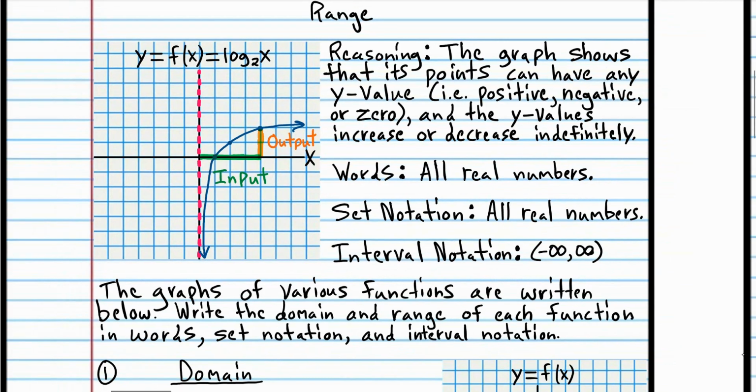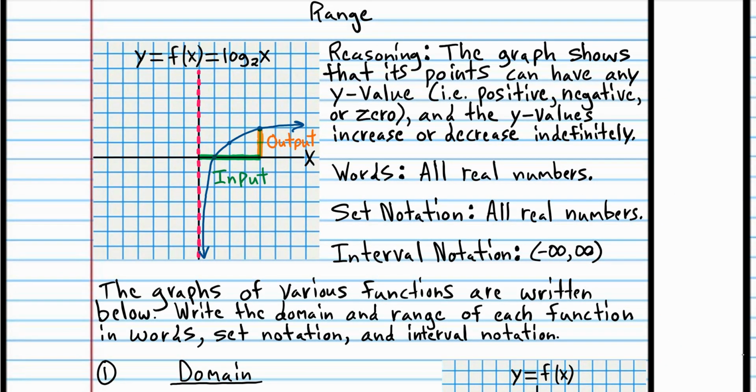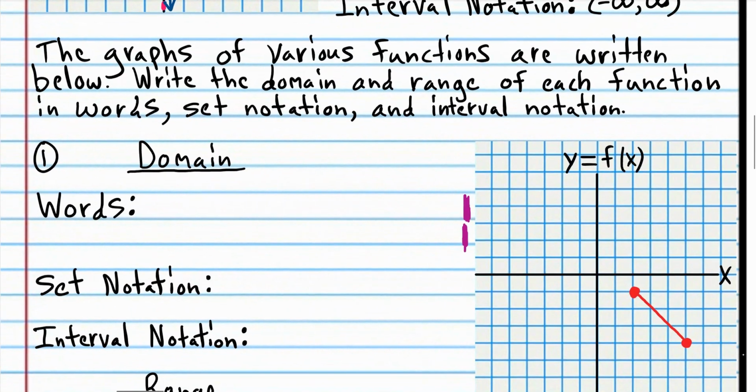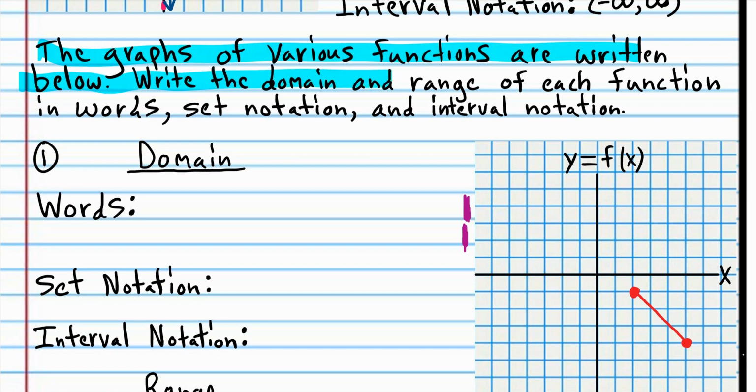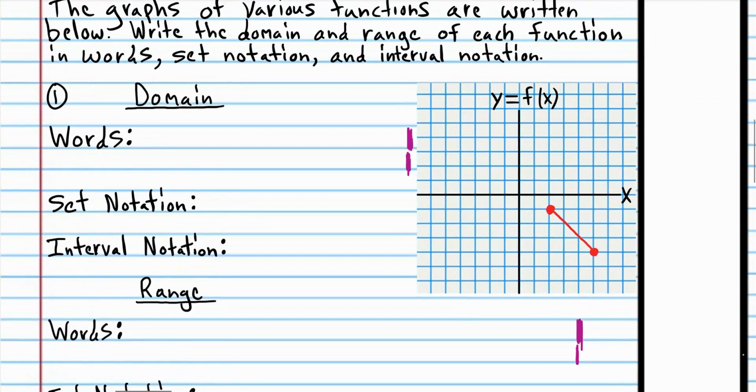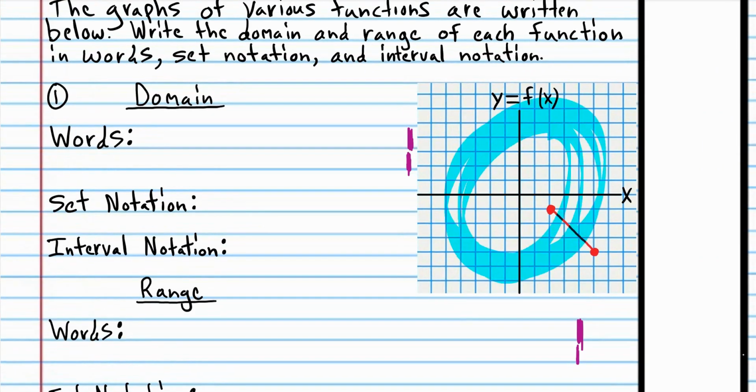But the important point here is that by analyzing the graph of a function, we can easily see the domain and the range. And that's what we're going to do today. So it says here, the graphs of various functions are written below. Write the domain and range of each function in words, set notation, and interval notation. So over here, notice that we have the graph of a function.